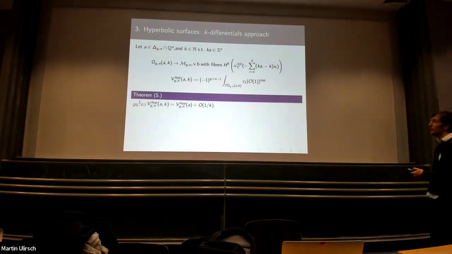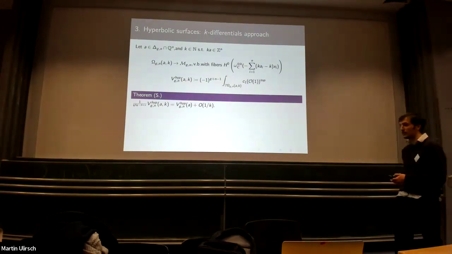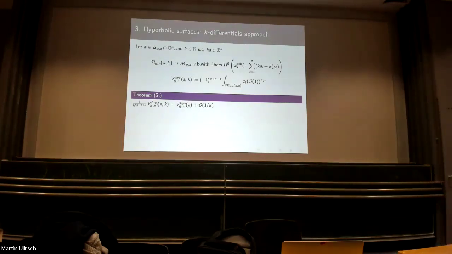I will define a function V_{g,n}(a) hyperbolic with a of k, but now a is not a vector such that the sum of the a_i is 2g minus 2 plus n, which is smaller than 2 minus 2g. Okay, I have another function which is essentially the same. But the difference is that now this function, we can show that it grows at k to the 6g minus 6 plus 2n. Okay. So it's equal to some function plus a big small o.